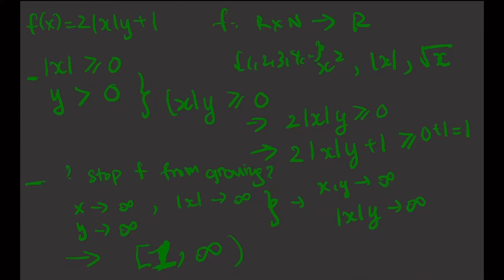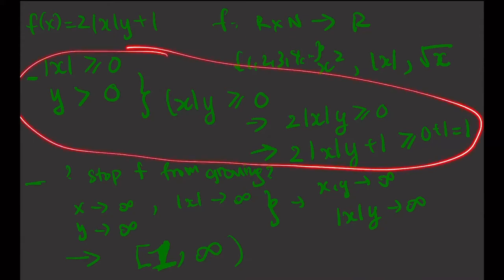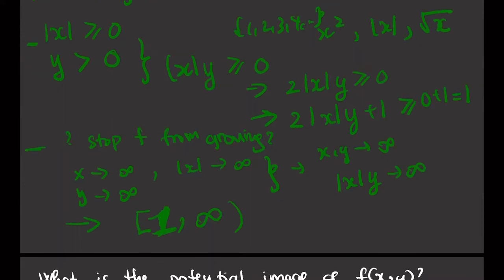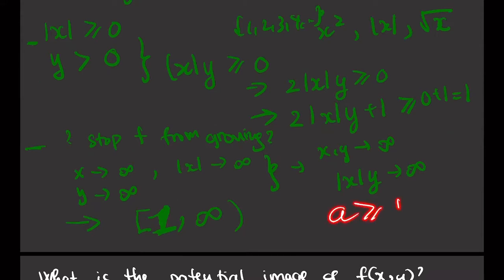And in your proof, in the first part, proving the image is a subset of the interval, you will just need to say this. If you prove that f(x, y) is greater than or equal to 1, if you have a is greater than or equal to 1, it already means a belongs to this interval.